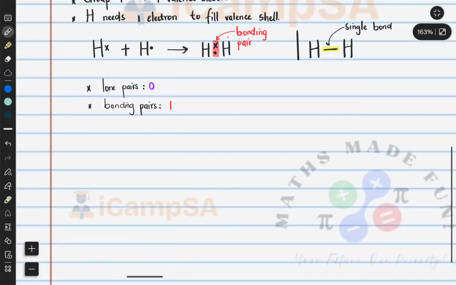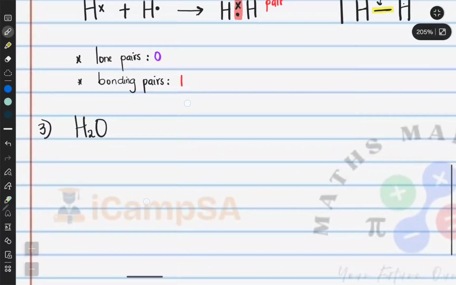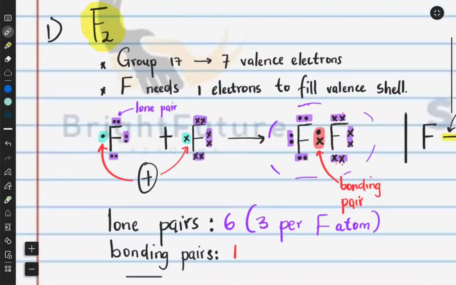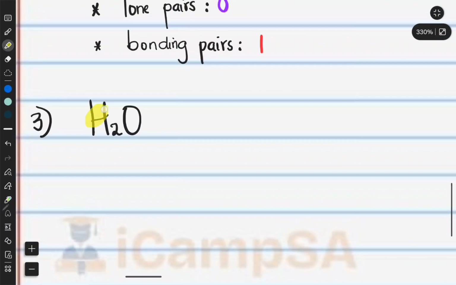Let's look at water as another example. H2O. With water, we have 2 different atoms involved, unlike our previous 2 examples: oxygen and hydrogen.